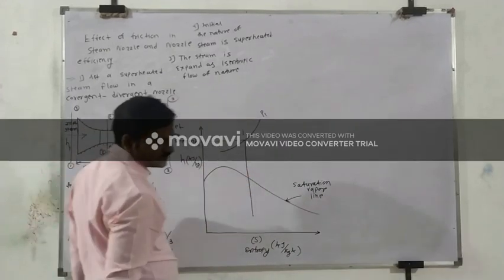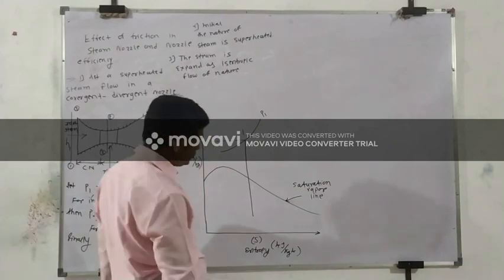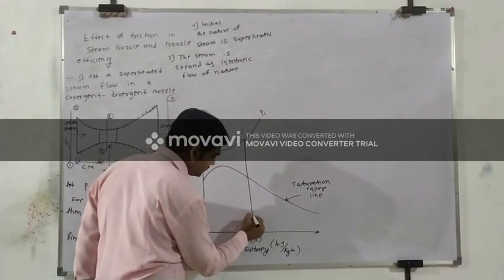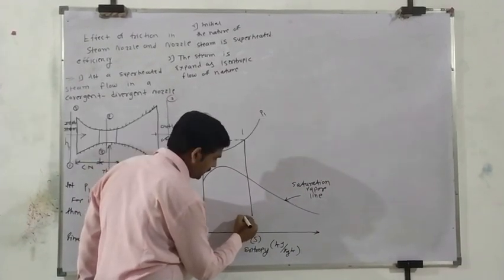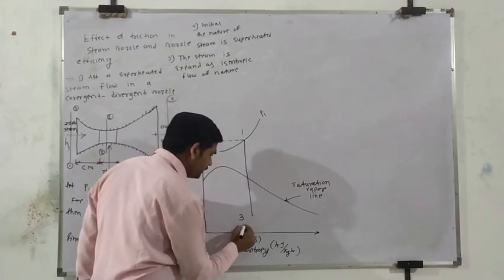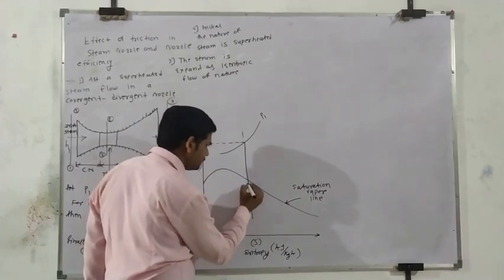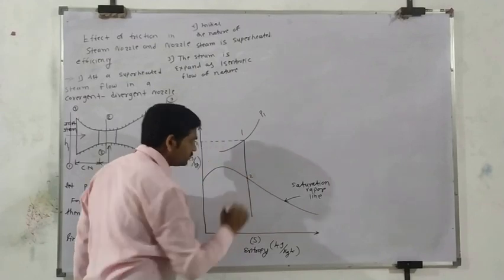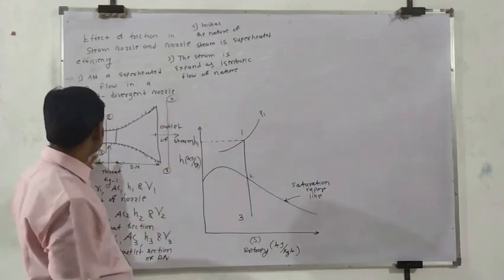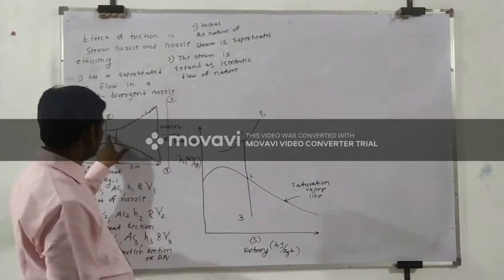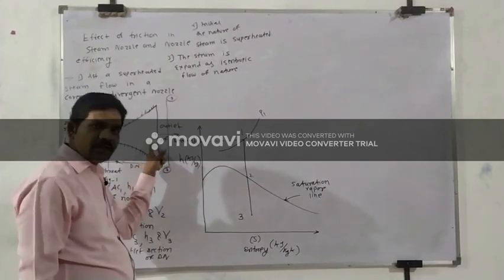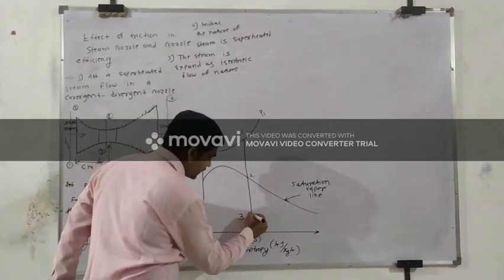Yes or no? Yes. So I have to draw this diagram. So suppose this is the expansion at this stage. Suppose this is my point 3. This is my point 2. This is section 1. Suppose this is section 2 and this is section 3. Okay. So this is the straight line.